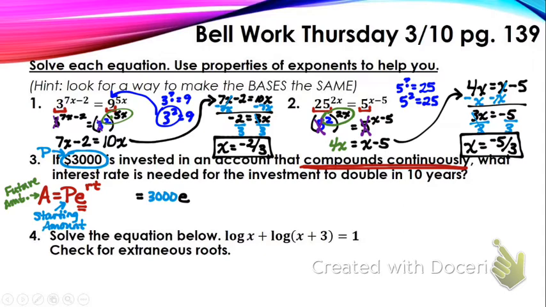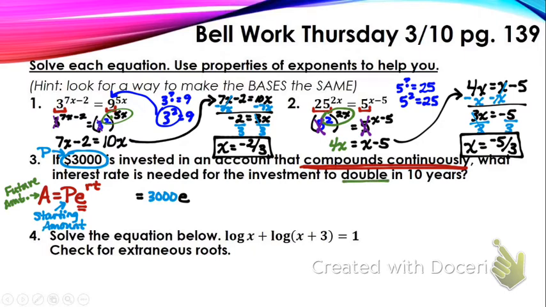Let's read a little further in the problem. It says, what interest rate is needed for the investment to double in 10 years? What do I do with that sentence? Take the 2 for double and do what with it?